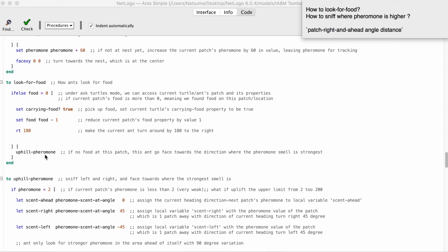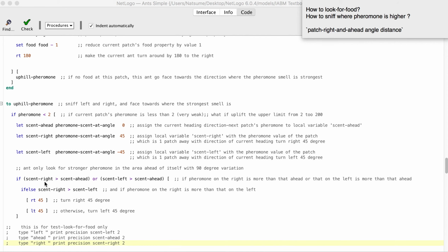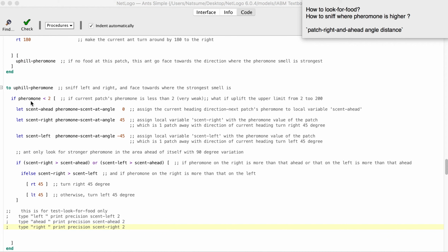So now we move on to how to sniff where pheromone is higher. So we go to this function. To begin, we ask, for the patch where the turtle, where the ant, is standing, how much is the pheromone? If the pheromone is smaller than 2, then we will take the following actions.